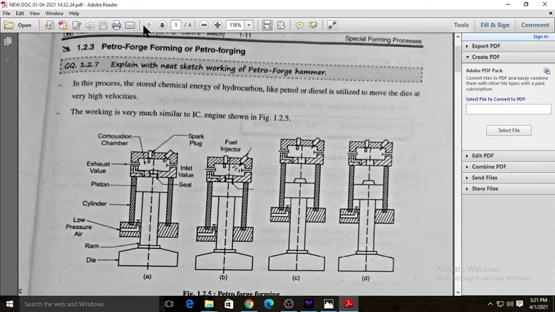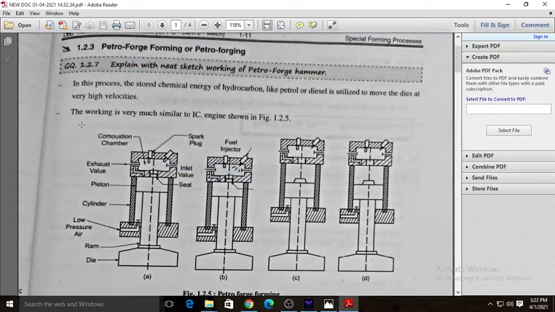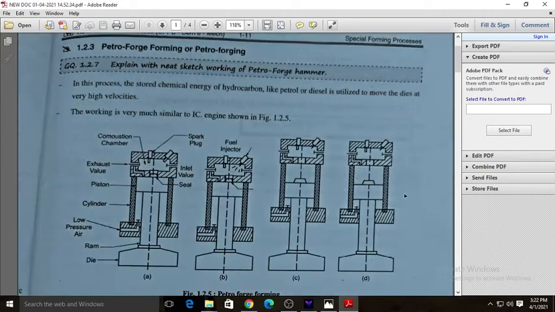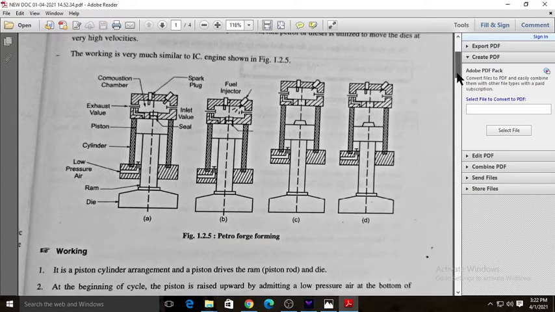Here you can see the petroforge forming or petroforming process. In this process, the stored chemical energy of a hydrocarbon like petrol or diesel is utilized to move the dies at high velocity. This petroforge forming process is quite similar to the IC engine process, where in an IC engine we burn the fuel.